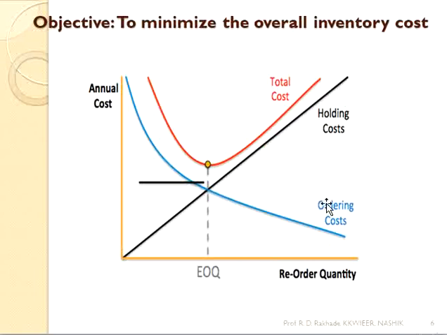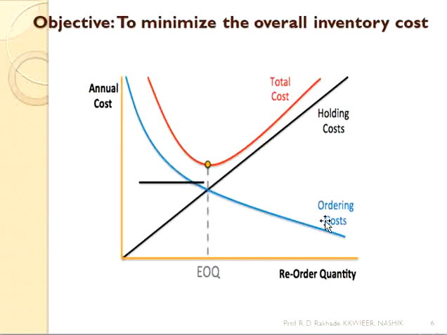Then ordering cost: if the quantity per order increases, the cost decreases. So the relation between these two costs is inversely proportional to each other. If one increases, the other will decrease.